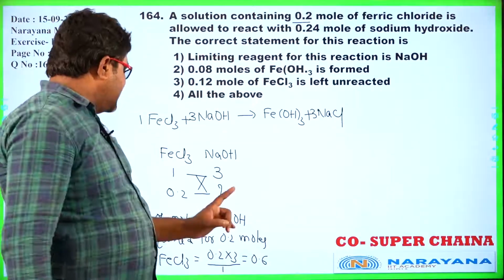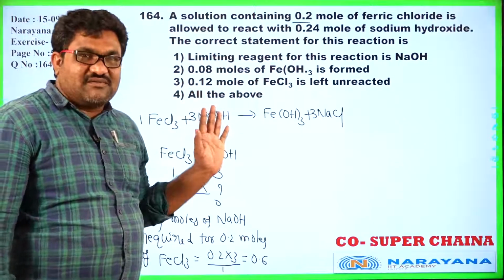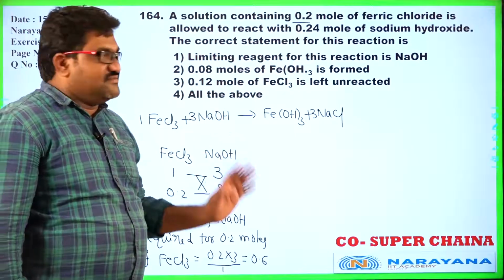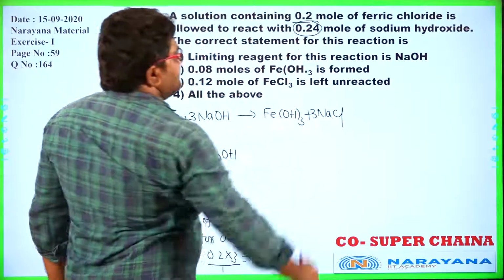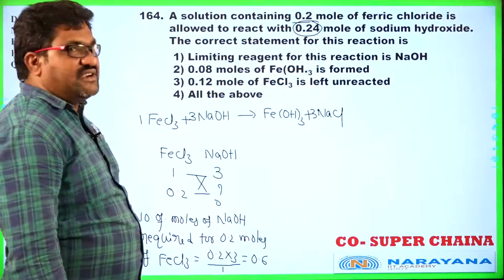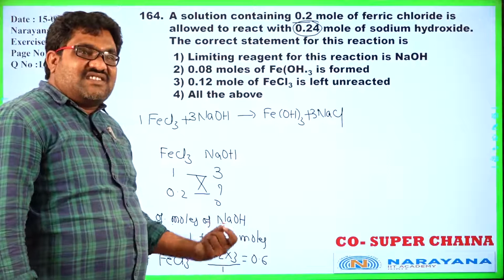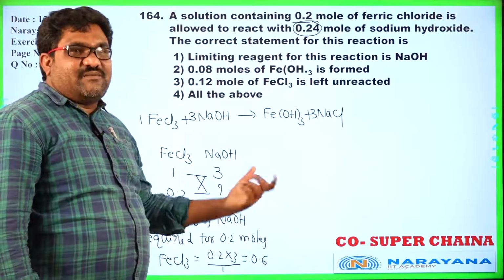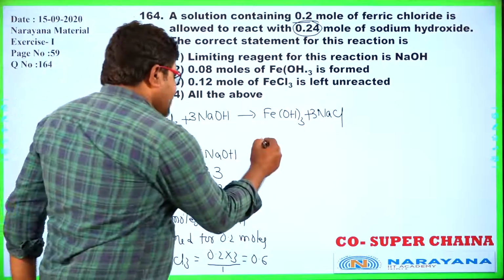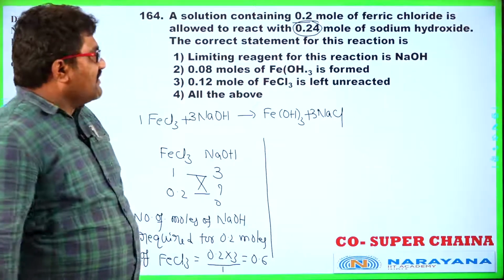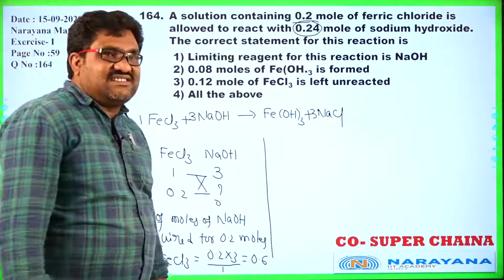So 0.6 moles of NaOH are required for 0.2 moles of FeCl3. But how many moles of NaOH are present here? Only 0.24. That is a lesser amount than required for the 0.2 moles of FeCl3. So what can we consider here? Is NaOH the limiting reagent or FeCl3 the limiting reagent?